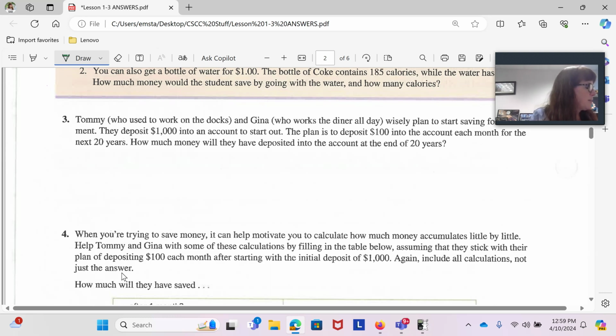So we know they're starting out with $1,000. We also know they're spending $100 per month. So each year they're putting in 100 times 12. And then how many years are we depositing this money for? Well, they told me in the problem 20. So I'm also going to multiply that by 20 so I get all 20 years.